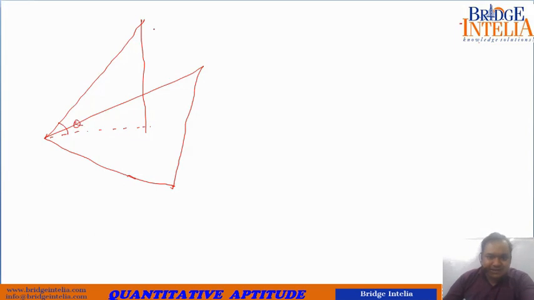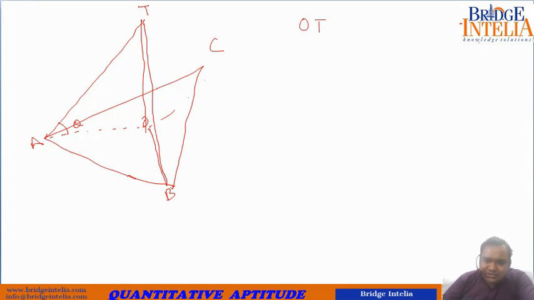So if this is theta, from here as well this would be theta. Let's suppose the corners are A, B, C and the foot of the tower is O, and the tip of the tower is T. So OT is the same for all the three observers. The height is same, the angle of elevation is also same, that means the tan of theta is also same.